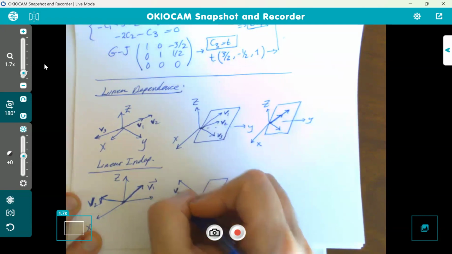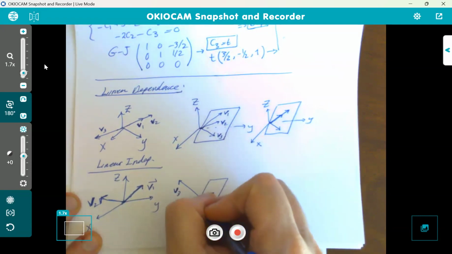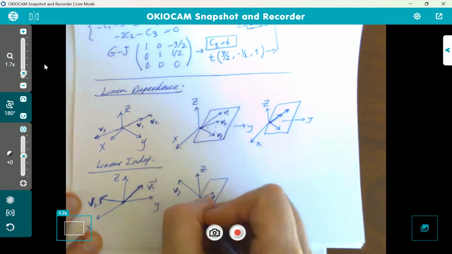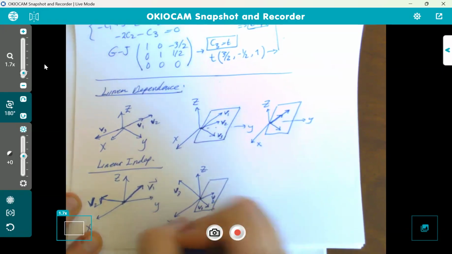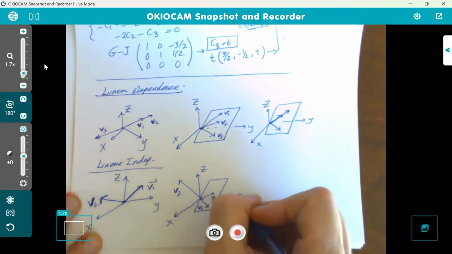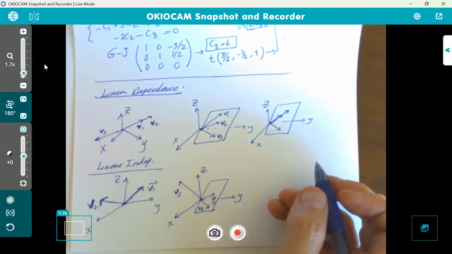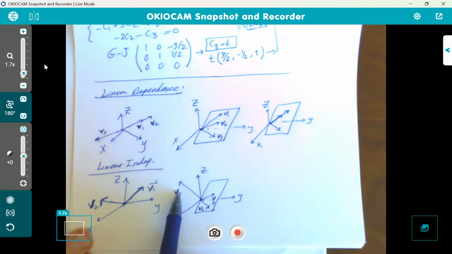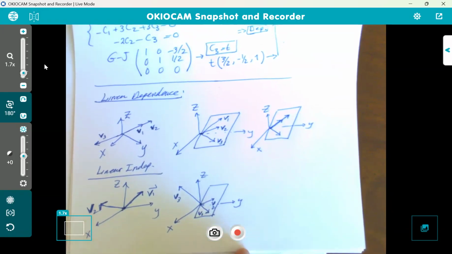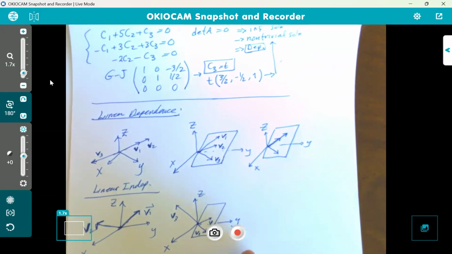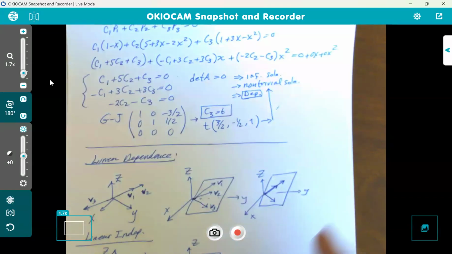It's not on that plane, it's somewhere else. So this is okay. Here's Z, here's X, and there is Y. So these are just illustrations. Again, V3 here is not on the same plane as V1, V2. All right, so hopefully that helps kind of visualize what we mean here.